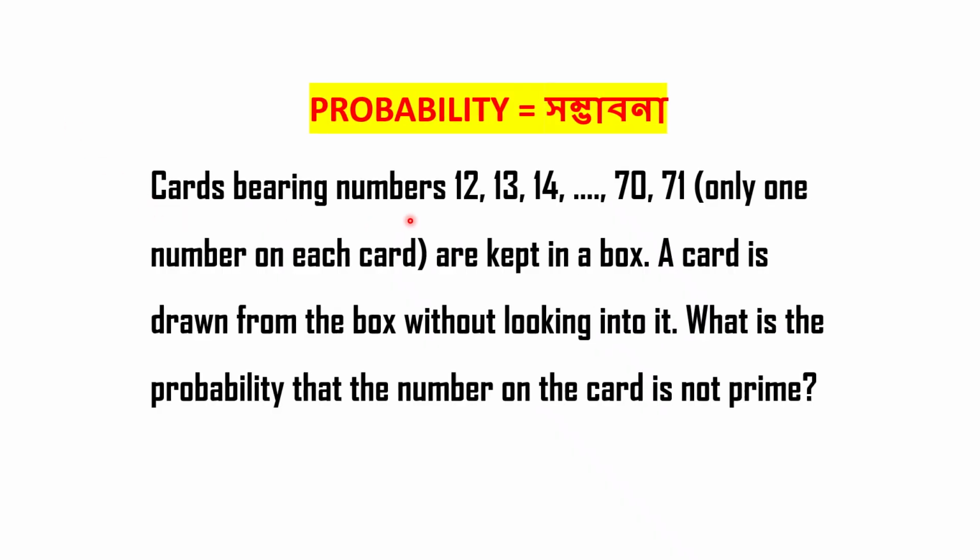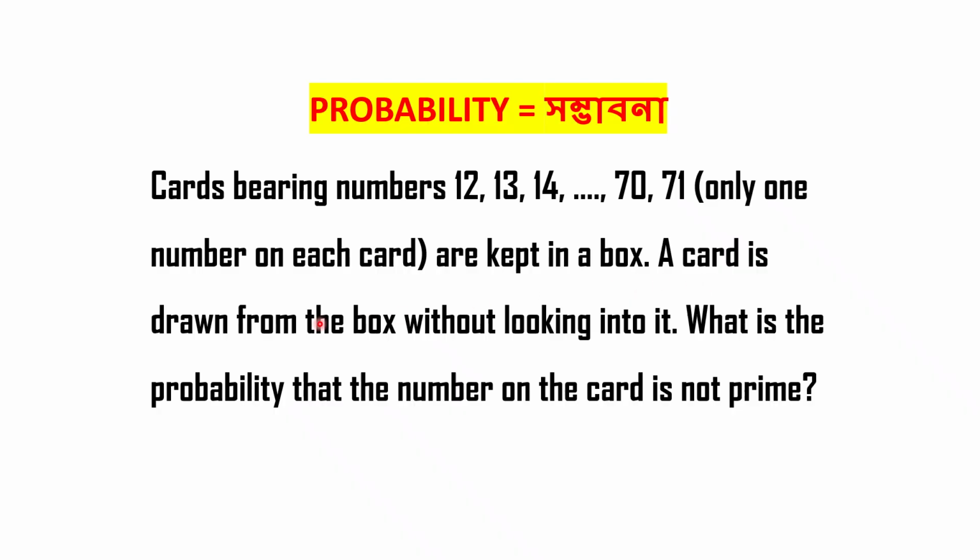Cards bearing numbers 12, 13, 14 till 70, 71. Separate cards, আলাদা আলাদা কার্ড, এক একটা কার্ডে এক একটা নাম্বার, 12 থেকে 71 পর্যন্ত. কতগুলো কার্ড? Kept in a box.